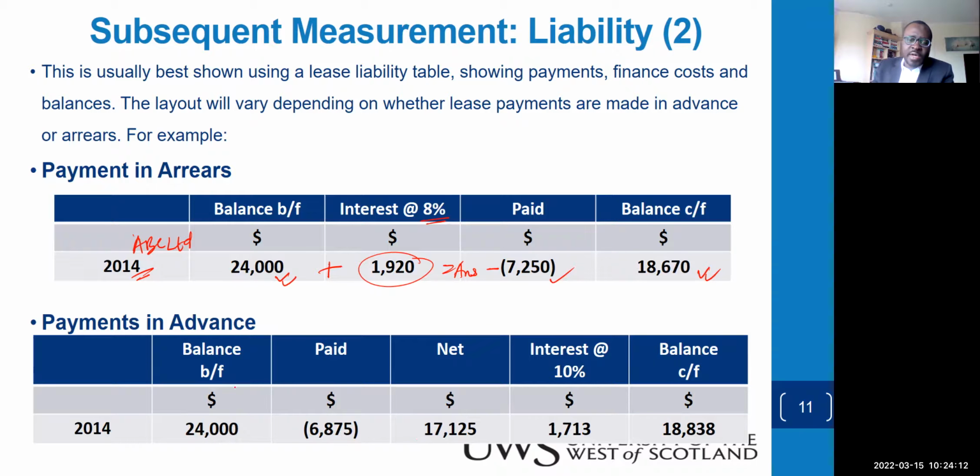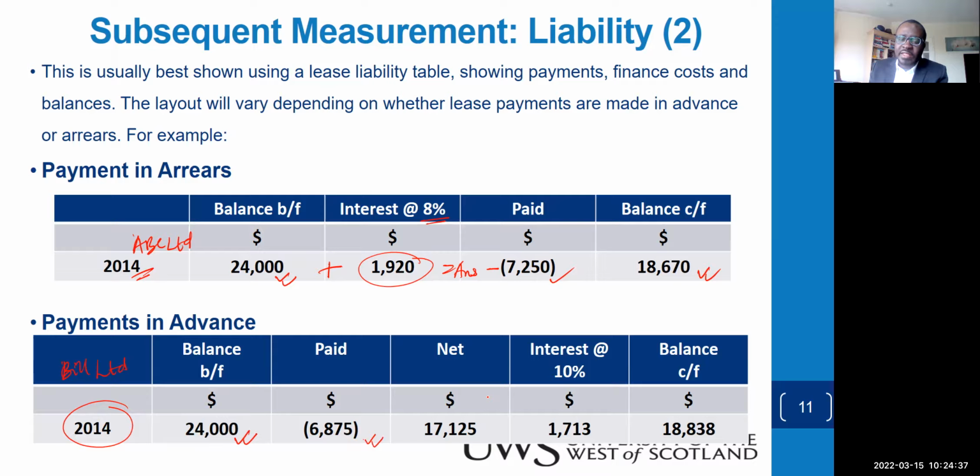What about if, for example, let's say Bill Limited, in 2014, the same year, they also have a lease liability brought forward of 24,000, and then they make an initial payment of 6,850.